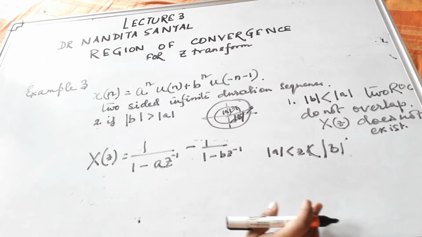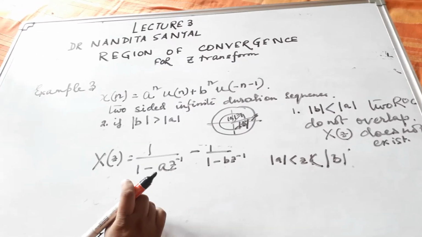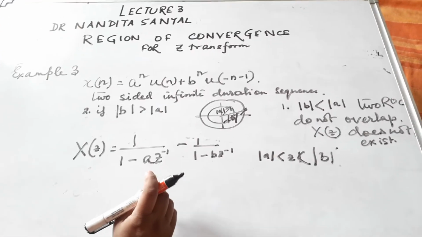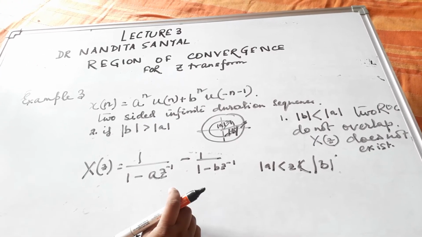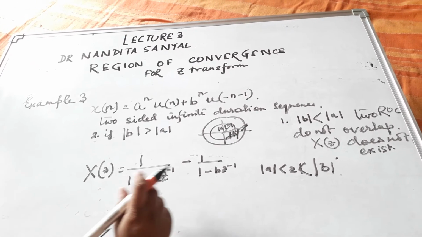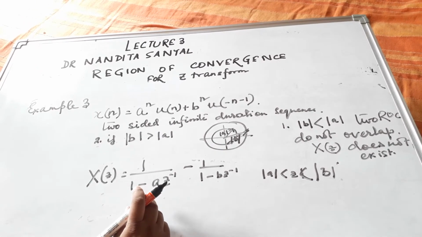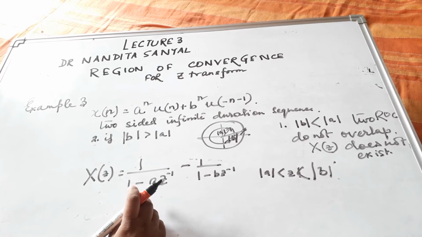This example shows that if there is a ROC for an infinite duration two-sided time series, it is an annular region centered at origin in the z plane.